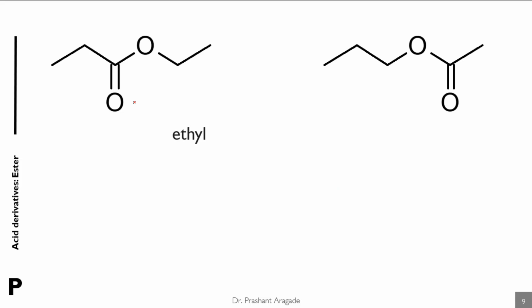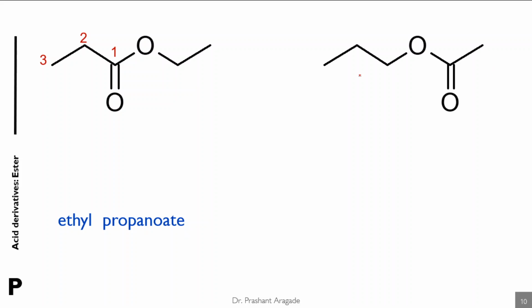In this example, this is the ethyl group and this is the longest chain containing the carbonyl functional group, containing 3 carbon atoms, that is propane. So E is replaced with OATE, that is propanoate. So the name of this compound is ethyl propanoate.